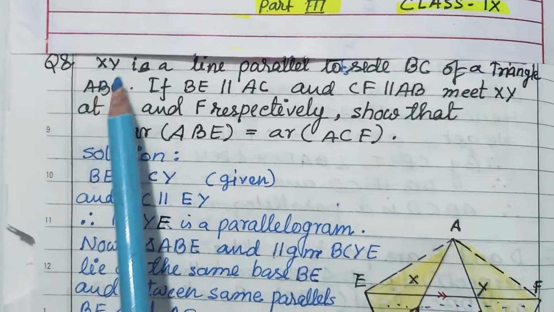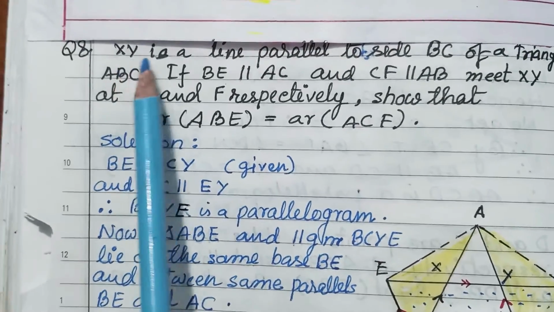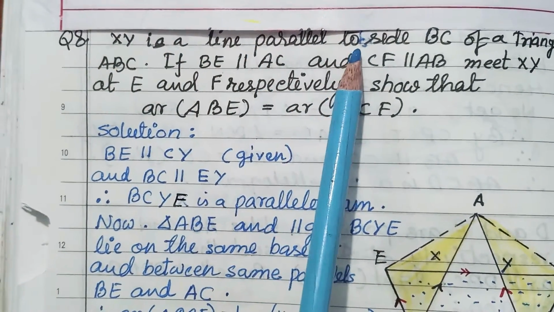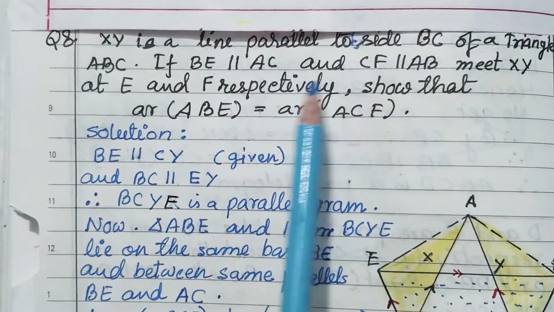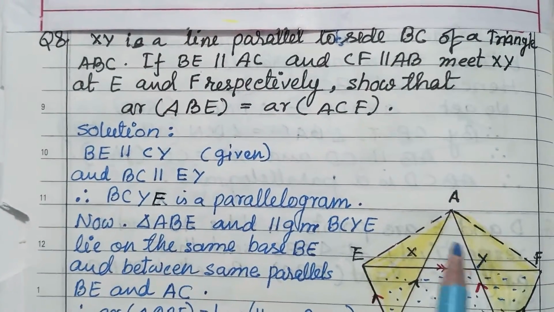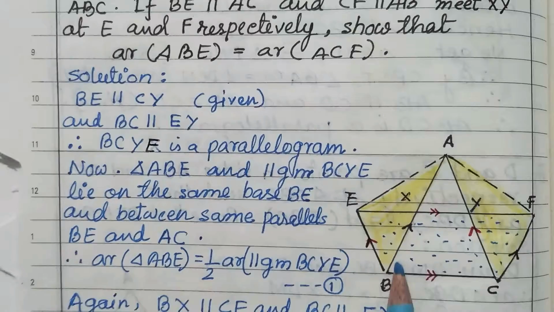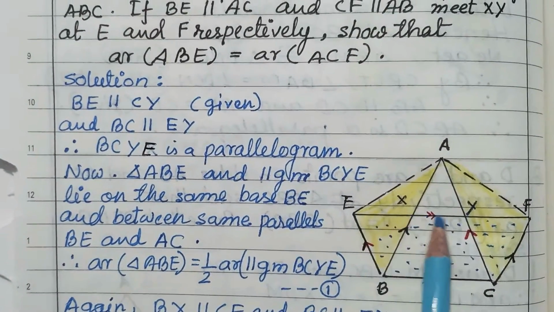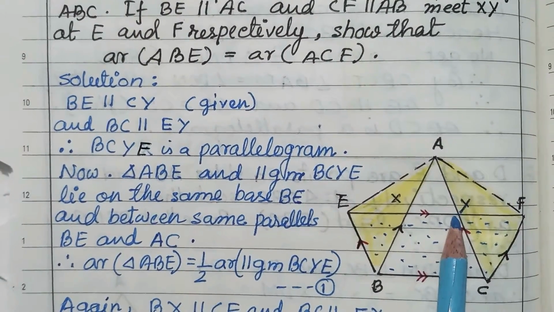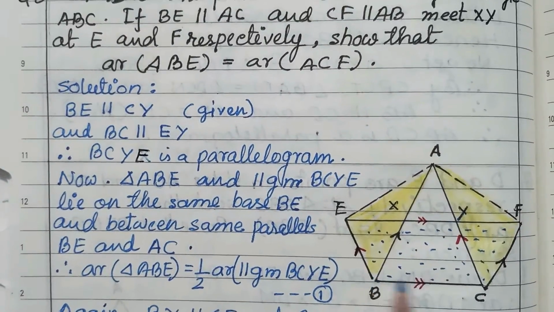The question is: XY is a line parallel to side BC of a triangle ABC. ABC is the triangle and XY is a line parallel to BC.